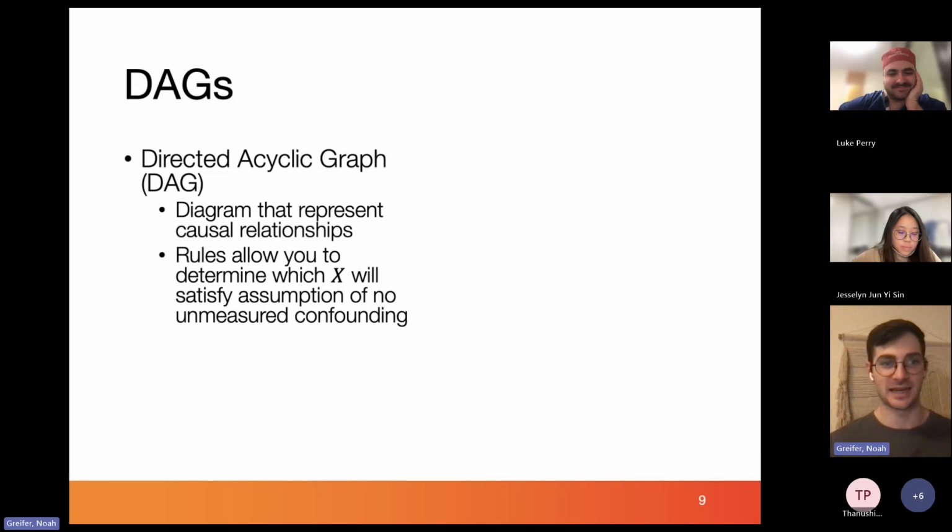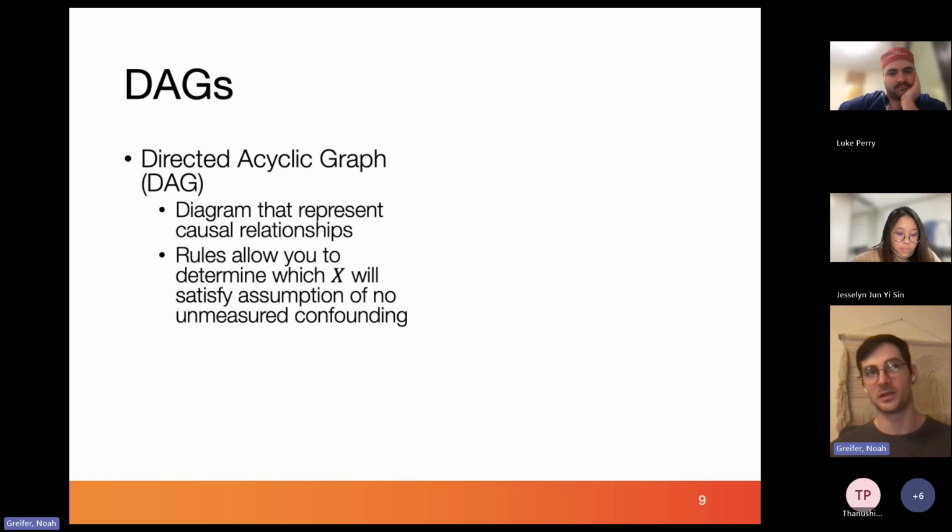DAG stands for directed acyclic graph, and a DAG is a diagram that represents causal relationships. What is really cool about DAGs is that it is a mathematical formalism in addition to a graphical tool for understanding causal relationships.